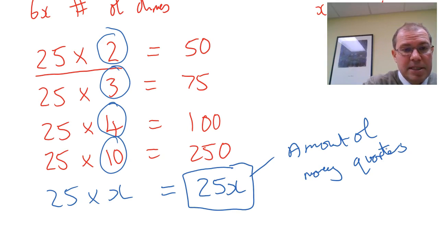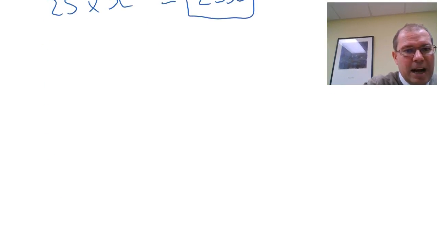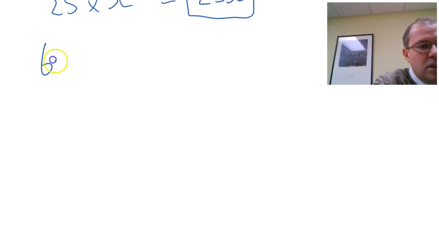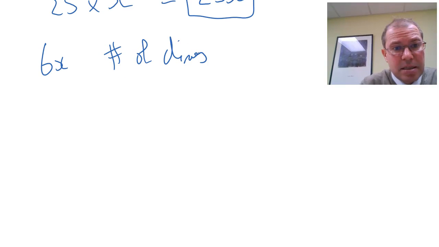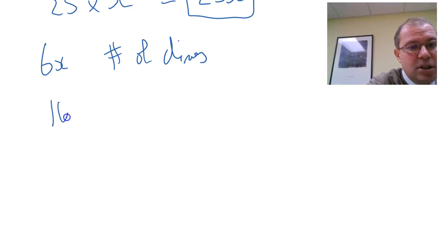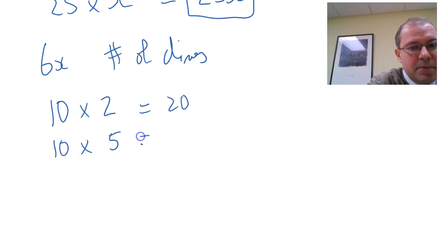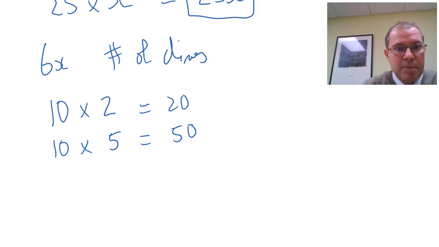So now let's do the same with dimes. Of course, how many dimes have we got? Well, we've got 6x number of dimes. So the same as before, a dime is worth 10 cents. If I had 2 dimes, it would be 10 times 2, 20 cents. If I had 5 dimes, it would be 10 times 5, 50 cents. How many dimes do I have?